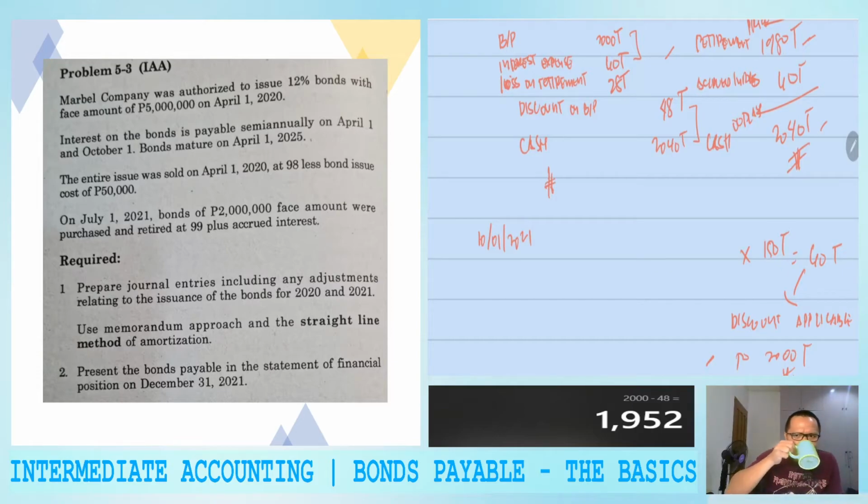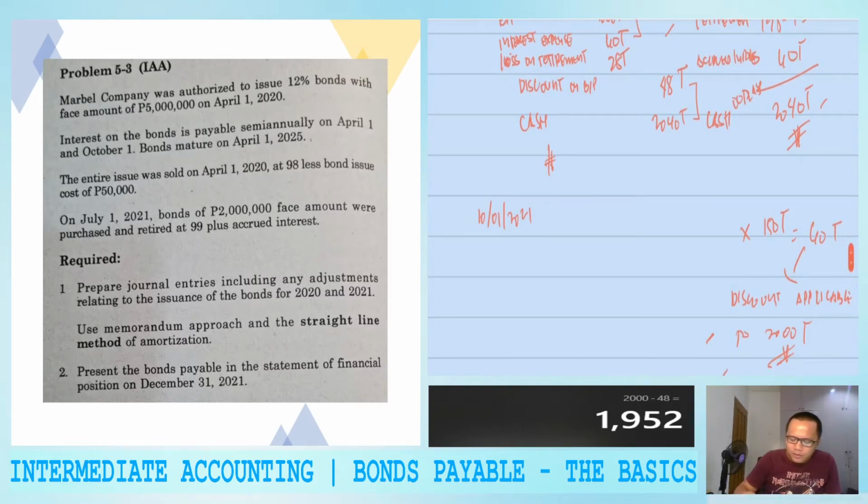Okay? But this will only pertain na to the 3 million only because we have already retired the 2 million. So, typical entry, interest expense, credit cash, ha?